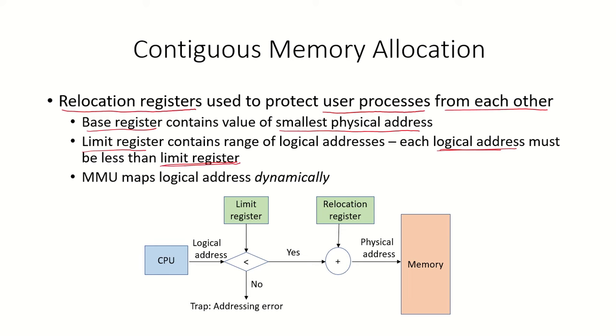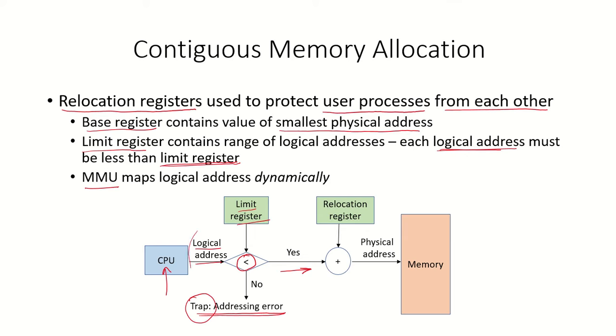So let's say this is the CPU which is generating the logical address, and this logical address has to be less than the value in the limit register. So this comparison is done in the MMU, and if it is less than this, then it is allowed to pass through, otherwise an error condition will be raised and a trap will be sent to the system.